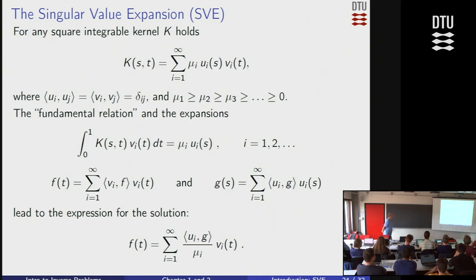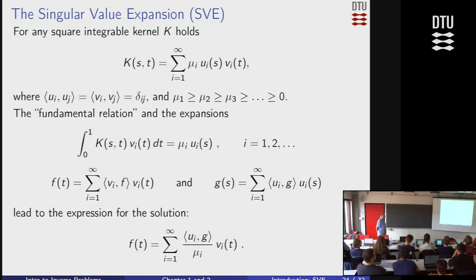And we can always order these components in the sum in such a way that the mu's form a non-increasing sequence of positive numbers. Right. So those are the fundamental definitions there. And then there's a fundamental relation between the u and the v functions.